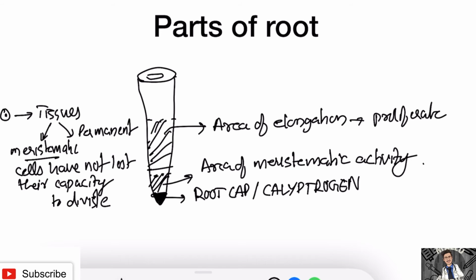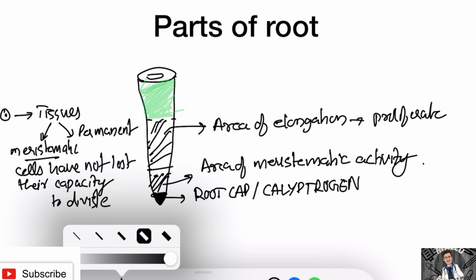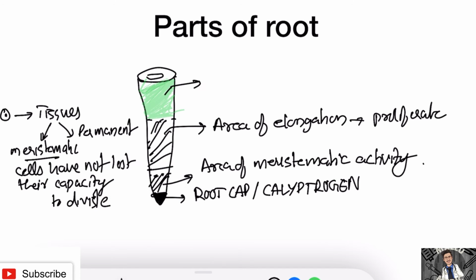And then above this you have the area known as the area of maturation. At the area of maturation, you can also find the permanent tissues.